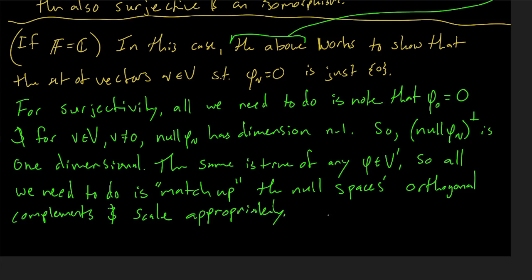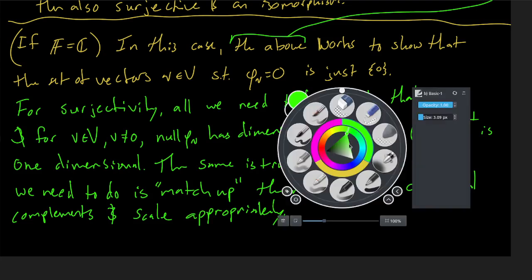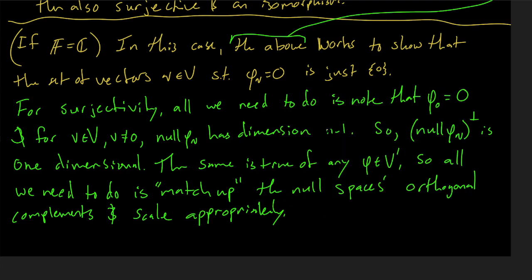This is not too terrible of a process. Basically, all we're saying is, hey, look, something in the dual space sends a vector space of, I won't even say n minus 1 right here since that may be confusing, I'll say dim V minus 1.